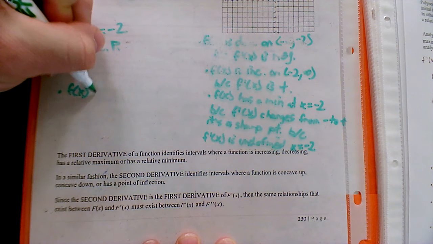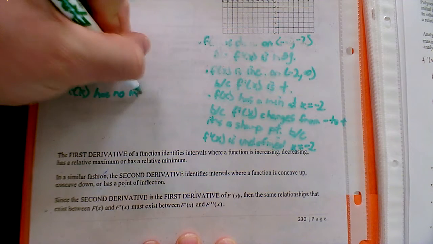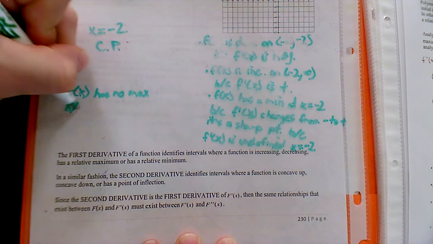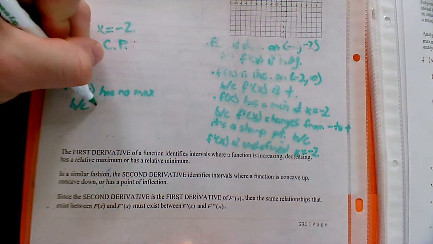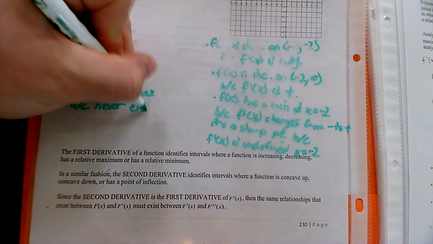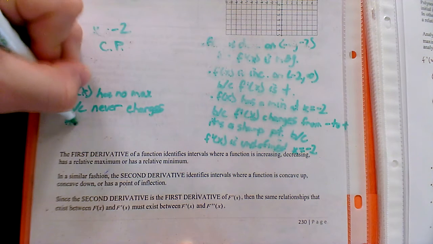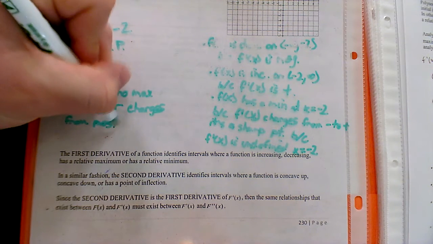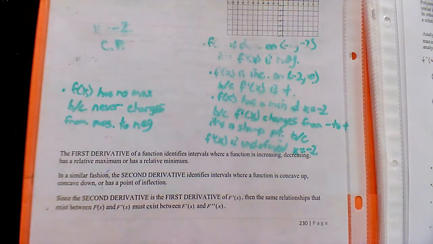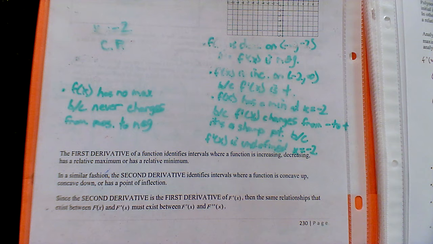F of x has no max because f prime of x never changes from positive to negative. Anything that's too striking there or really confusing, or are we doing okay with those ideas? Critical points, positives, negatives, increasing and decreasing.